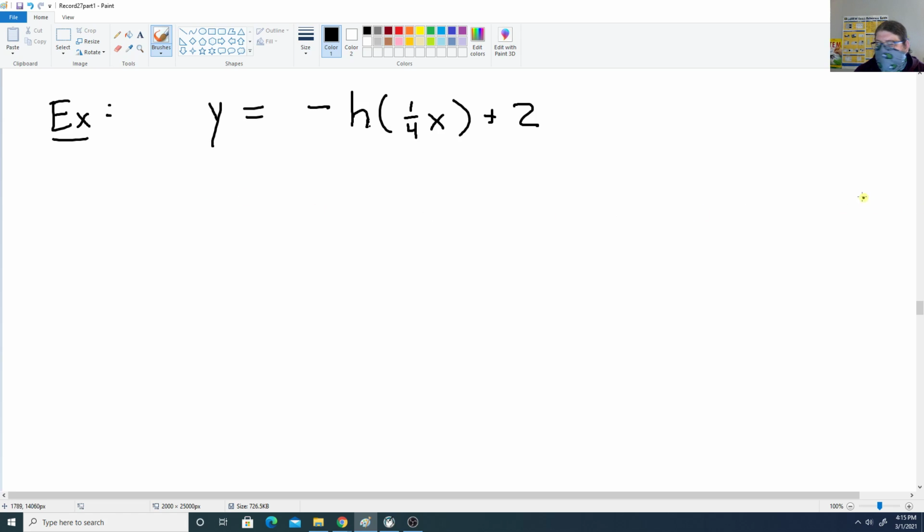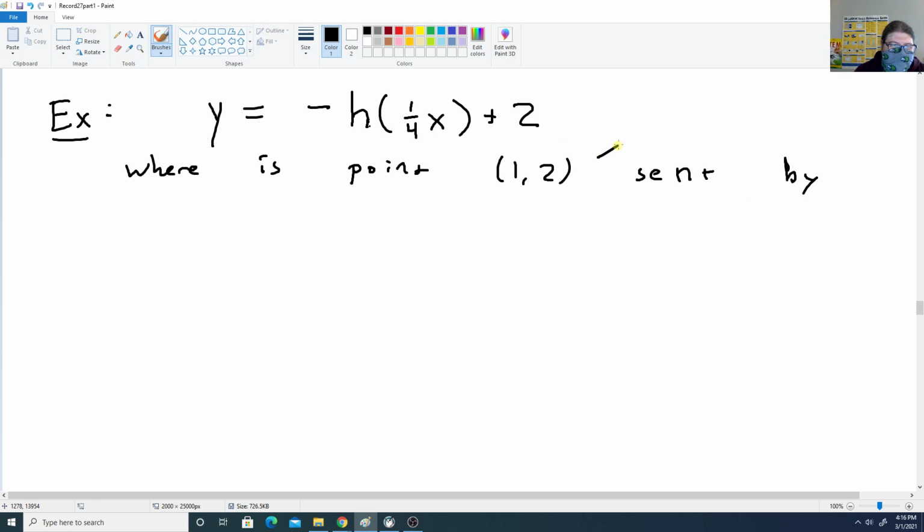And what we want to do is say, where is the point, let's say x value 1, y value 2, sent, and it's understood this point is on the graph y equals h of x, sent by the transformation.